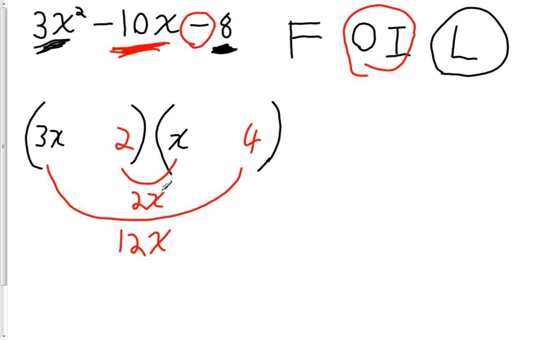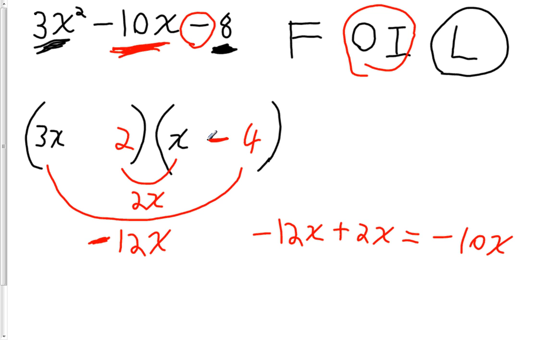So if one of these were negative, I could possibly get negative 10x. If the 12x is negative, when I add these two together, negative 12x plus 2x will give me indeed the thing I need in the middle, negative 10x. So all I need to do is figure out what the signs have to be in order for me to have a negative 12x and a positive 2x. If I put a negative here, I'll get the negative 12x. If I put a positive here, I'll have the positive 2x.